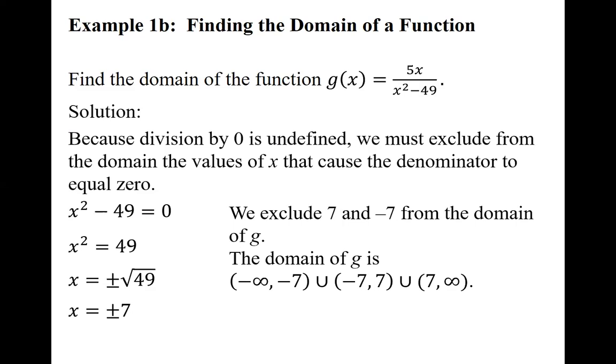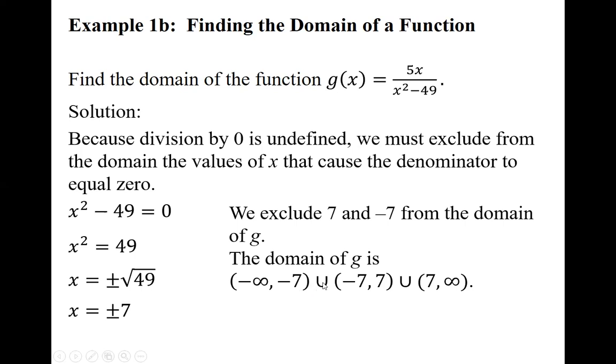So instead of negative infinity to infinity, we cut out negative 7. We cut out positive 7. And the way we cut those out is by using parentheses to indicate that the negative 7 is not included. So we're uninterrupted from negative infinity up to negative 7, but then we need to exclude negative 7.